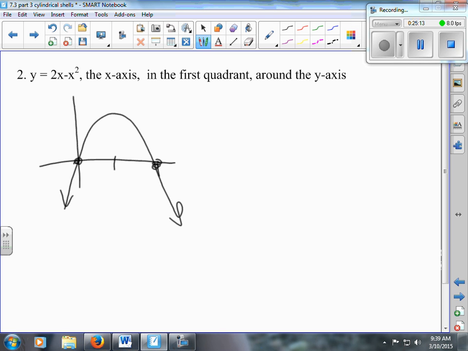The x-axis. This is the x-axis. Okay, so do you see the area we're rotating? This is a lot like the example I was talking about to begin with, right? Okay, so let me shade this area. Here's the area I'm rotating.